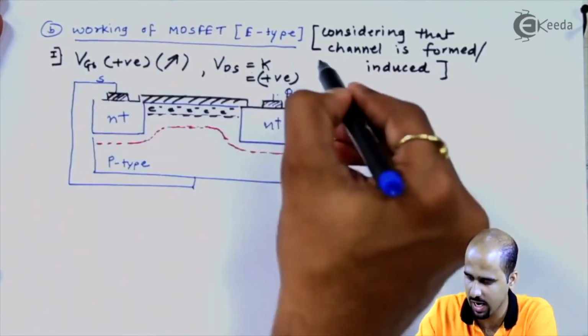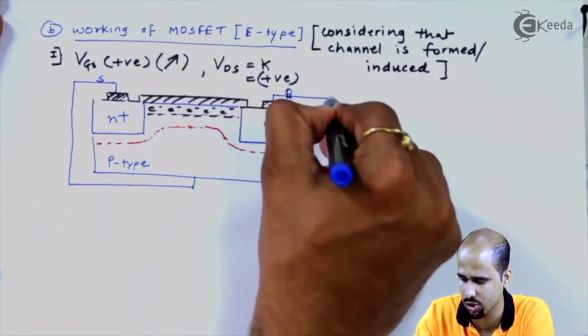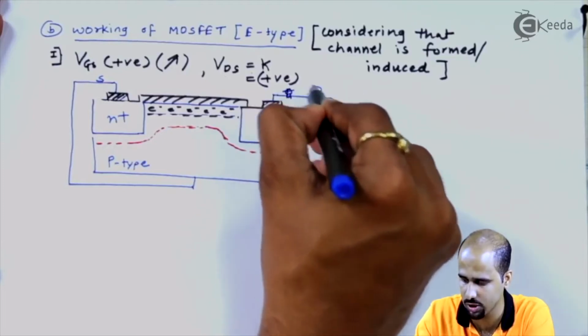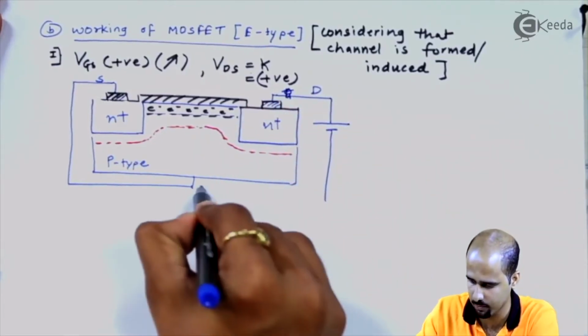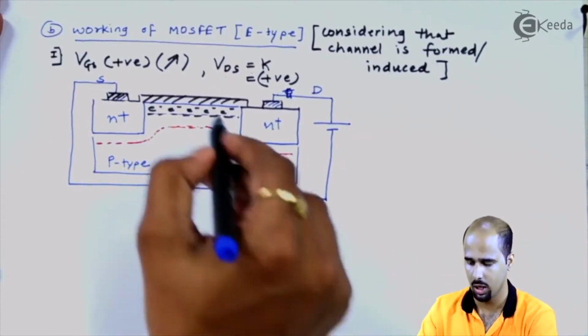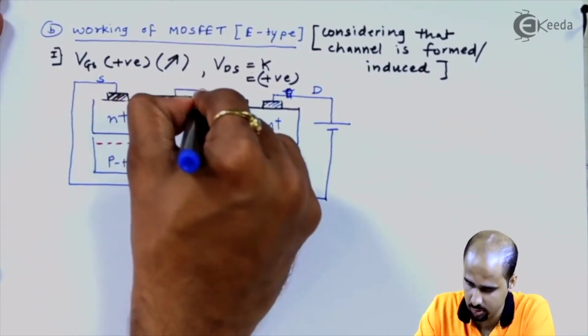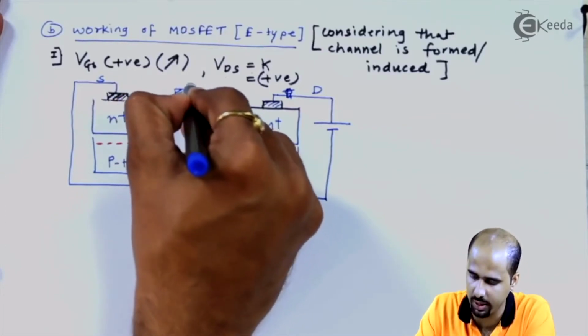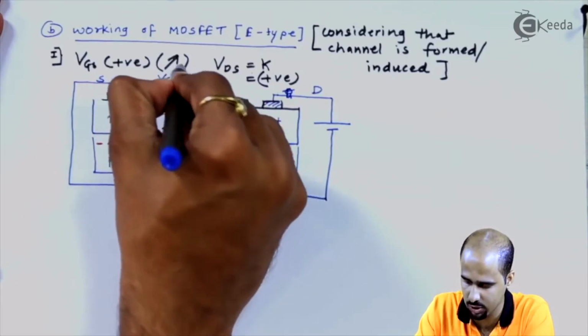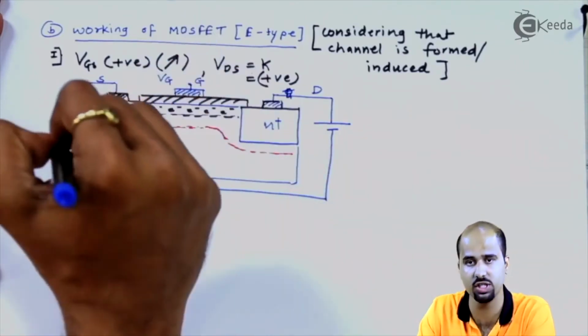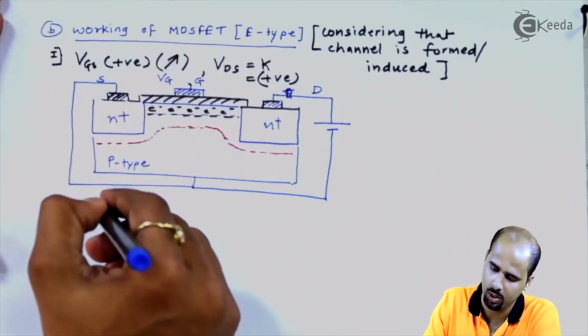I have kept this drain constant, but it is positive. Now what I am dealing with is the gate; I am keeping the gate positive, so the value of VG is positive. Now what will happen?